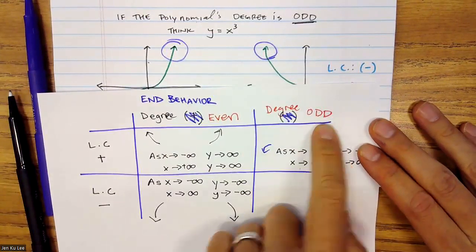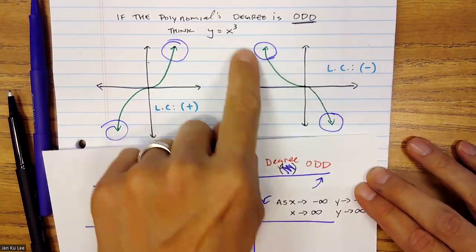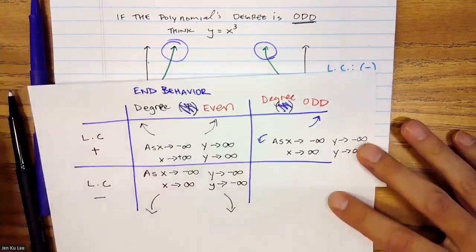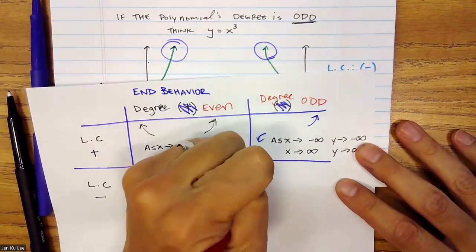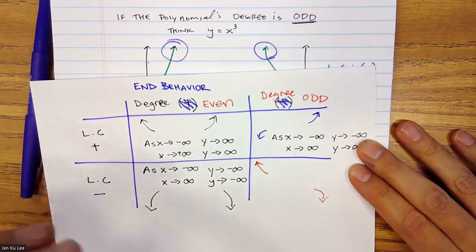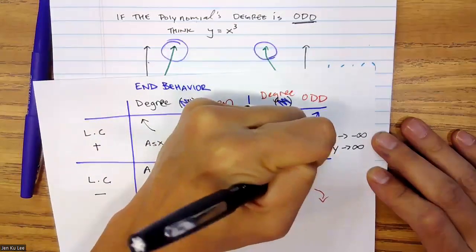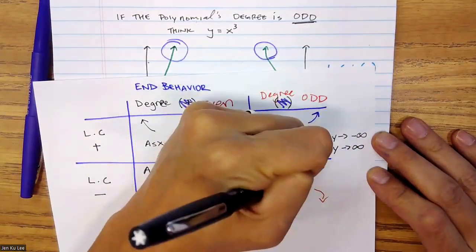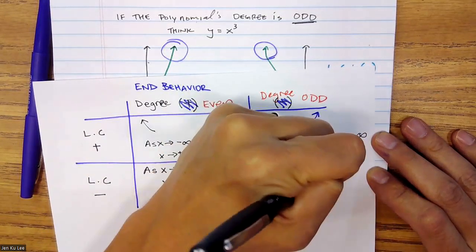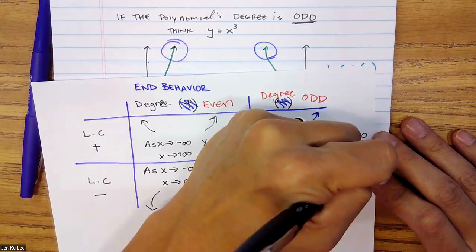If your degree is odd, the last one, if your leading coefficient is negative, then it looks like this, right? That means that my end behavior looks like that. As x approaches negative infinity and as x approaches positive infinity, what's happening to my y's?